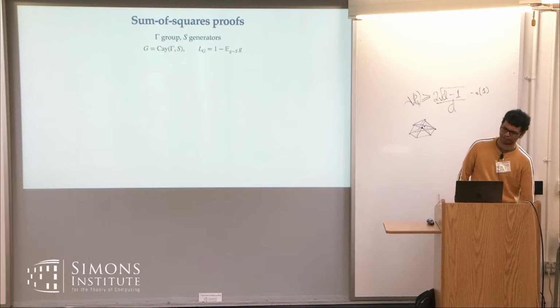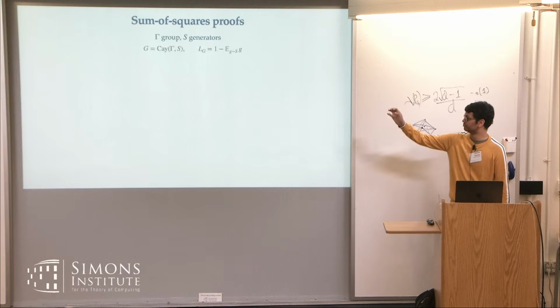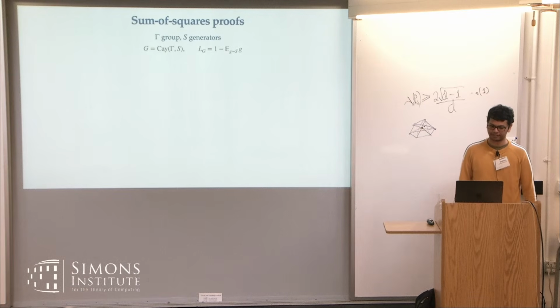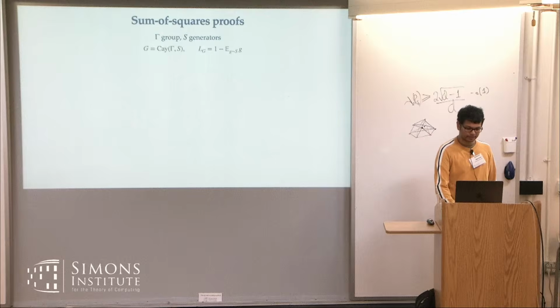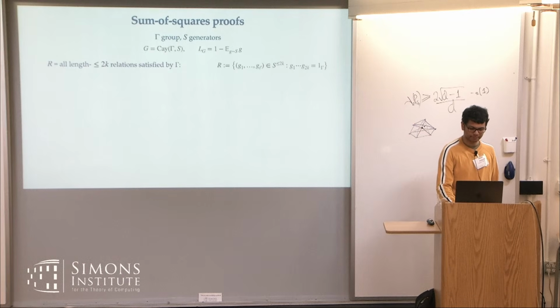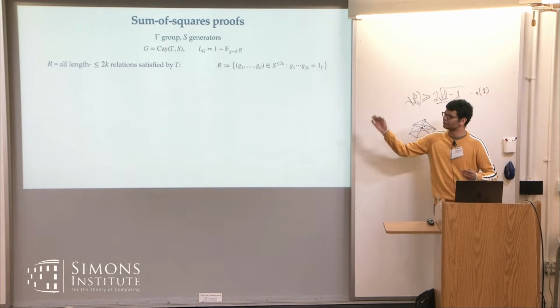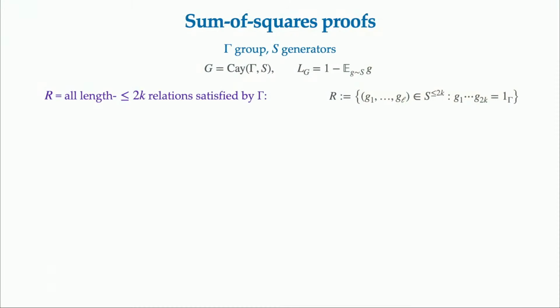So now let's again remind ourselves of the setting we've been working with. You have a group gamma and S is a set of generators. And I'm going to be interested in the Cayley graph, whose Laplacian has that form. Okay, so now this is a group, and a group might have a ton of different kinds of relations.